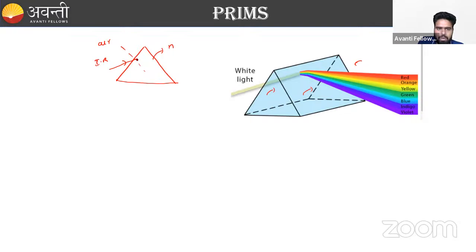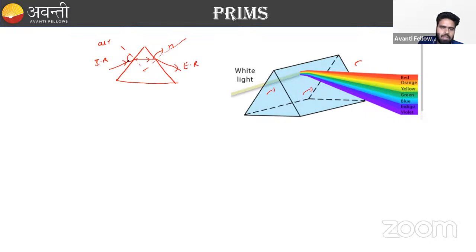Light is bending toward the normal. This is the path after refraction at the first surface. If we again draw a normal here, this is the normal for the second surface. In this case, light is moving away from the normal because light is traveling from denser medium to rarer medium. So this is our emergent ray, and this is our incident ray.